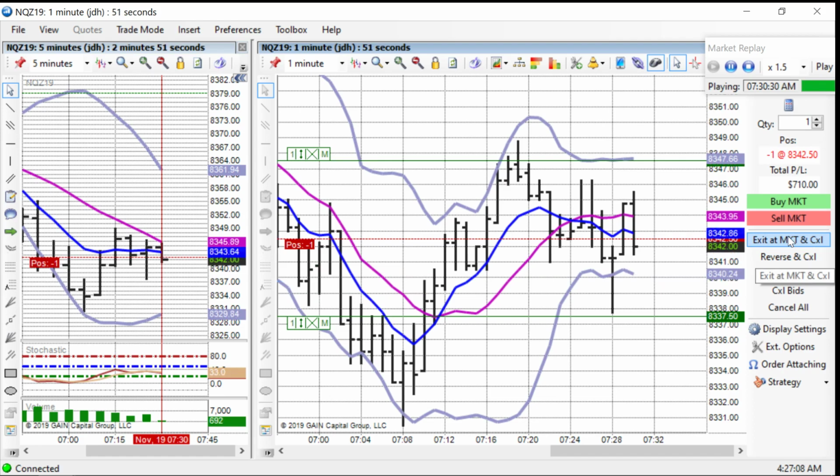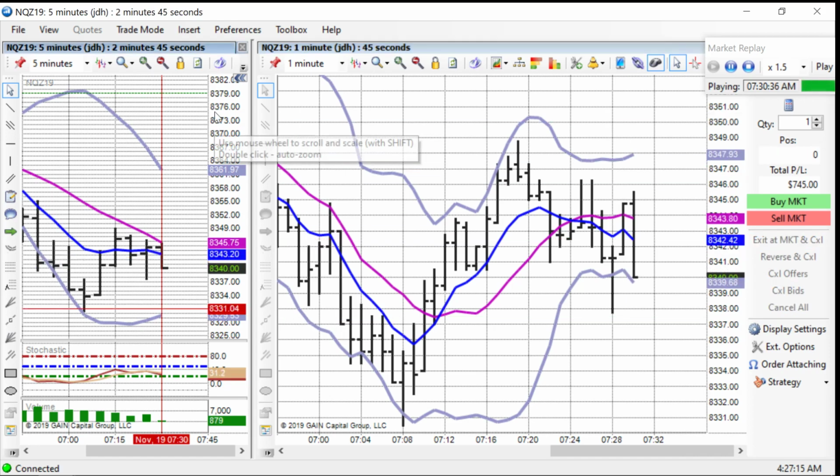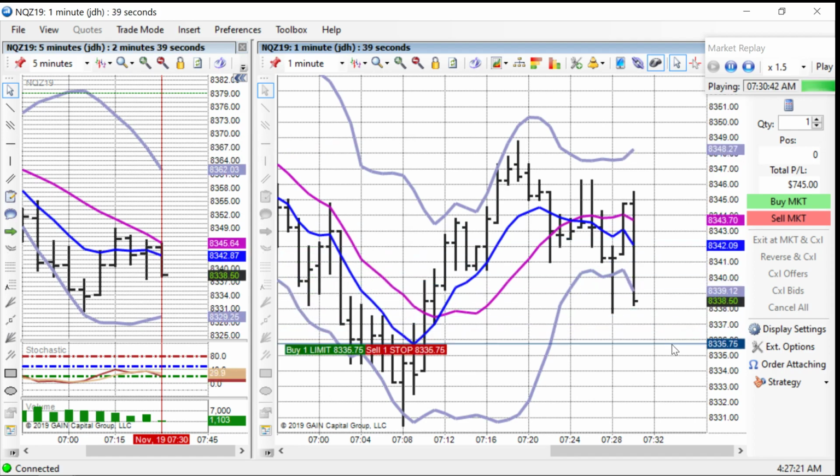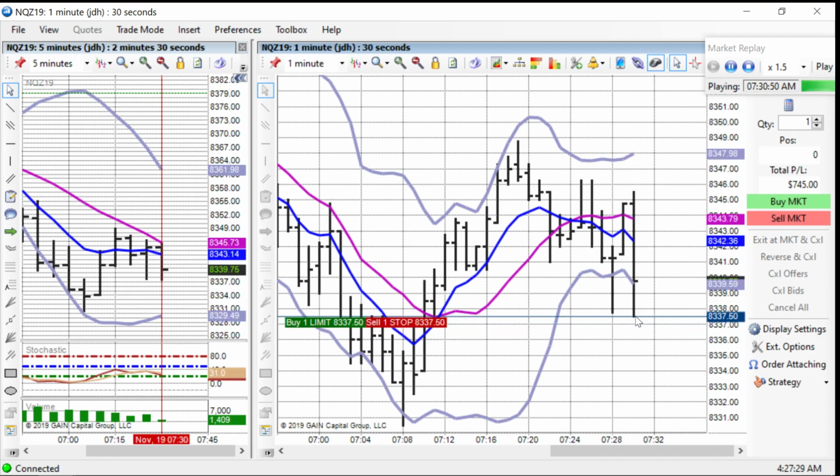Matter of fact, if it hits 3 points, I'm just going to exit. There we go. So that's a new number. That's a new intermediate low right there, lower than this previous low.